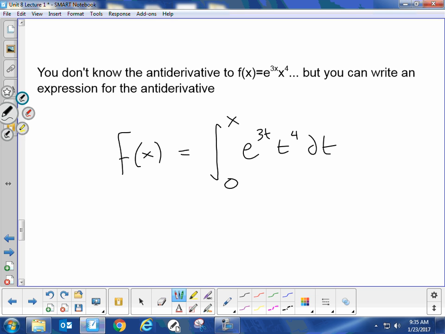And maybe if I had my calculator, I could find antiderivative values that I'm looking for. Typically, we'll need one extra point to know where we start.